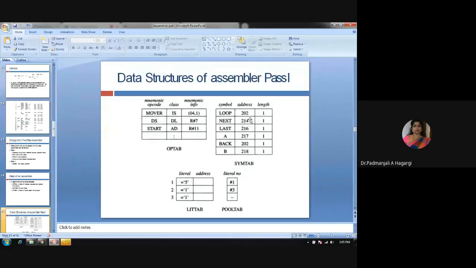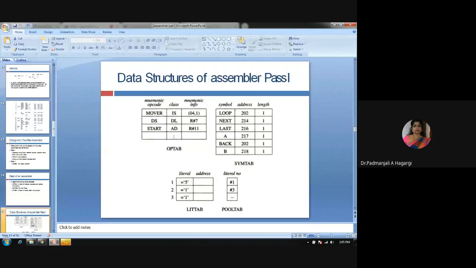Label, and it's a symbol which is found at the location 214. So now 214 is fulfilled. Once the next symbol is fulfilled here, it automatically fulfills 214 here also.